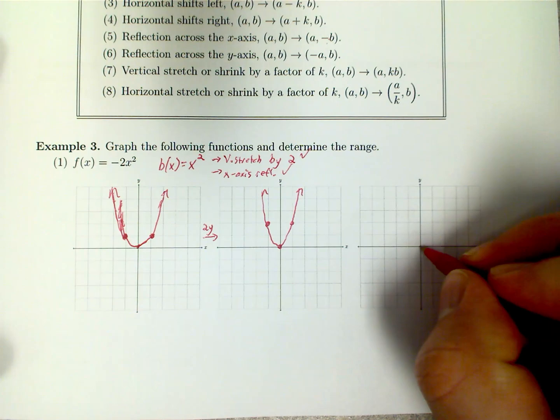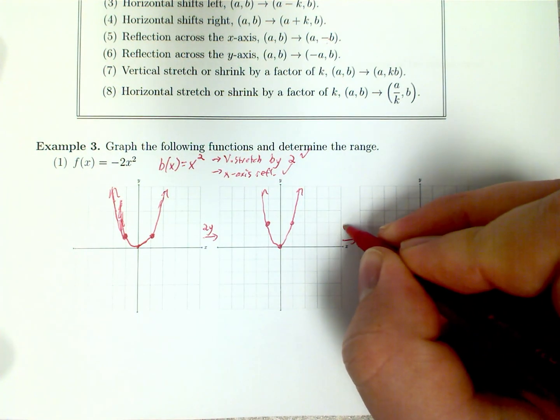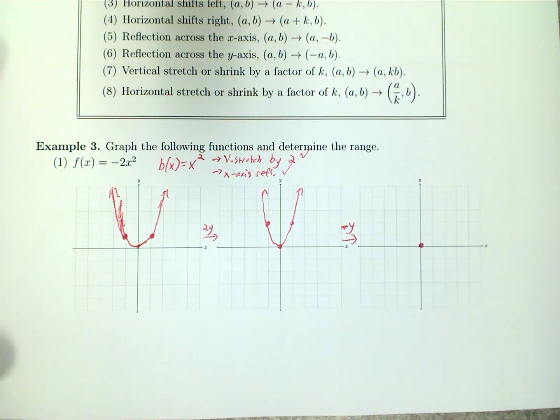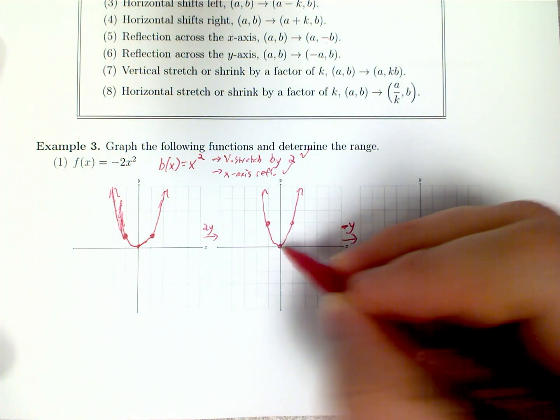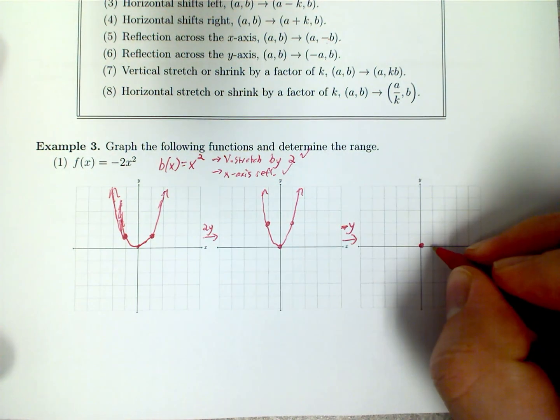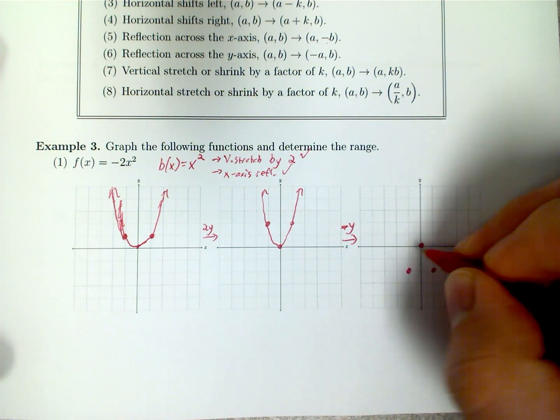We're still going to have 0, 0. What this does, mathematically, is negate the y values, or the y coordinates. So instead of this, we have 0, 0, 1, negative 2, and negative 1, negative 2.